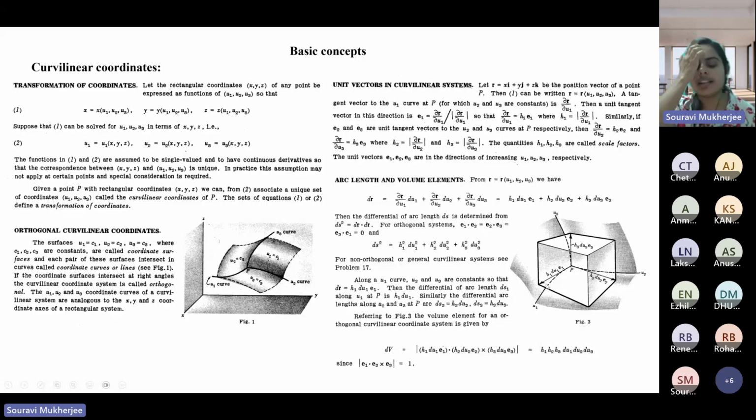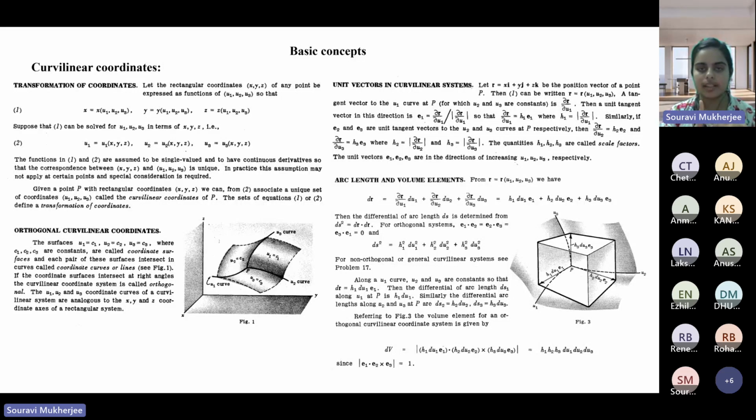Now, suppose you are asked to find the area, how do you find the area? First consider your rectangular coordinate system. How will you define the area vector? What is the normal to some area? That is the direction of your area.